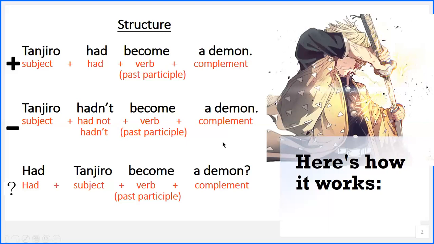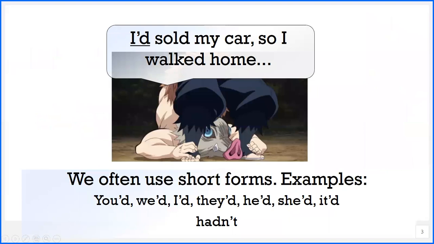Speaking of important, we also need to memorize or remember at least that we have contractions. So here our friend Inosuke is going to mention, I'd sold my car, so I walked home. So we can see right there he's using I'd, which is the contraction between the pronoun I and the word had.